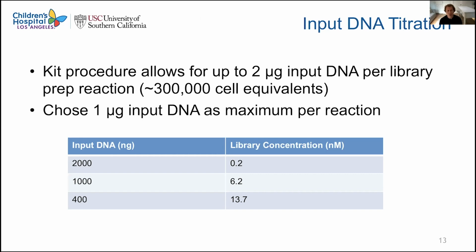Ultimately, we chose 1 microgram of input DNA because once you reach a certain level, it's going to interfere with your amplification. So for us, we were able to get good amplification with 1 microgram. So for each reaction that we perform, we put in 1 microgram of input DNA. If we want to test more than that, we would line up multiple reactions in parallel.